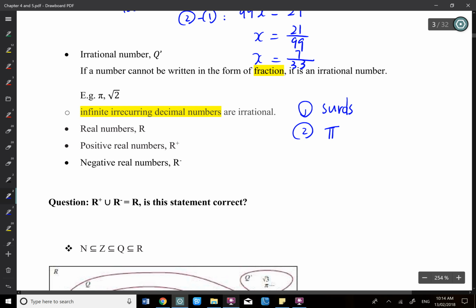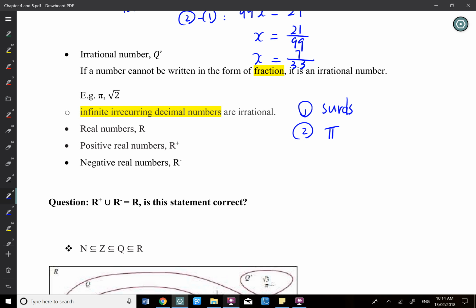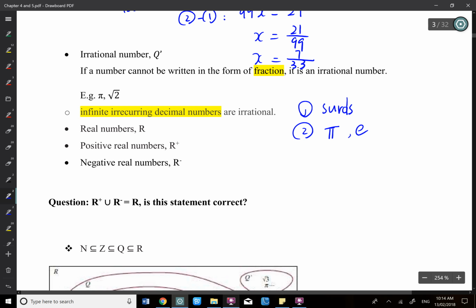Those ones are the special ones. You can directly see it. All these square roots cannot be simplified. Well, if you say square root of 4, that's rational because it's 2. But if you can't get rid of the square root, that will be an irrational number. And pi, and if you learn later, there is another number called e, the natural number, which is the same as pi.